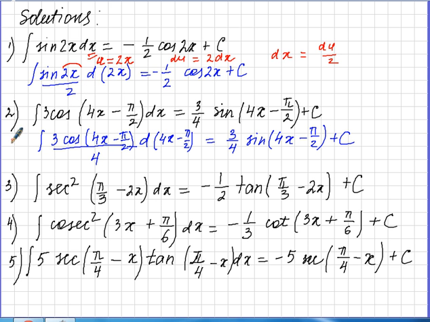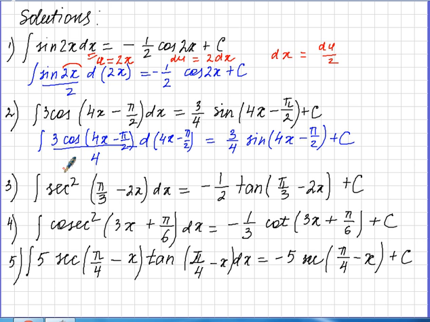Alright, here's another example: 3 cos of 4x minus pi over 2 dx. Again, the derivative of 3 sine of 4x minus pi over 2 is going to give me 3 cos of 4x minus pi over 2. Only I have to account for this 4 in the argument of sine, so I have to divide by 4, plus a constant.